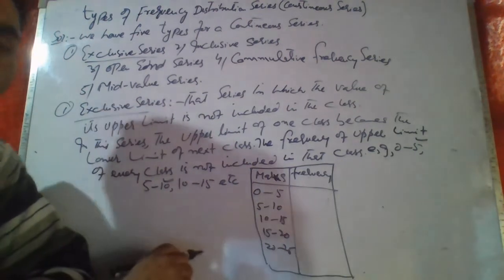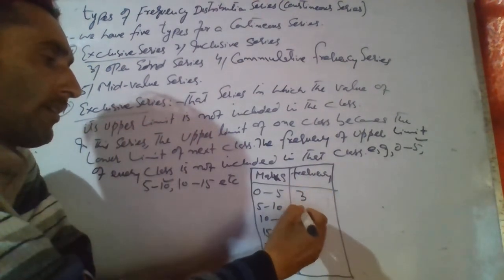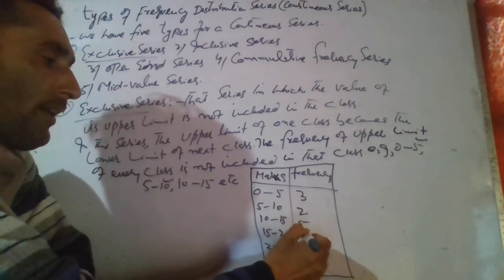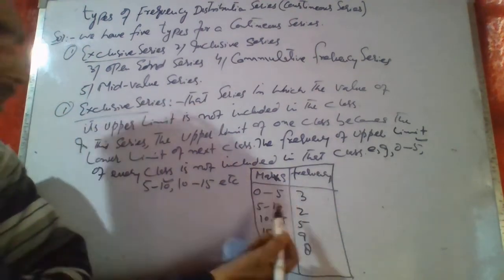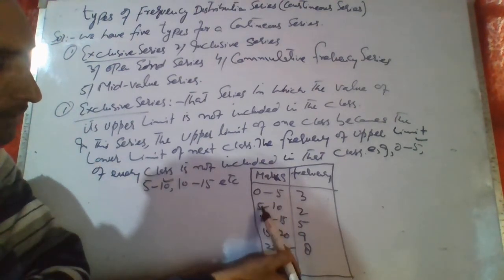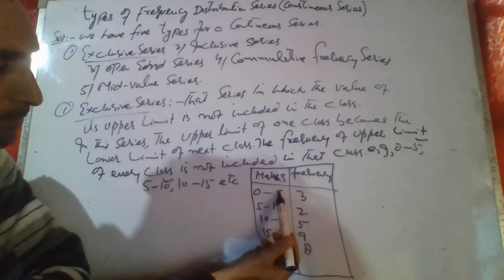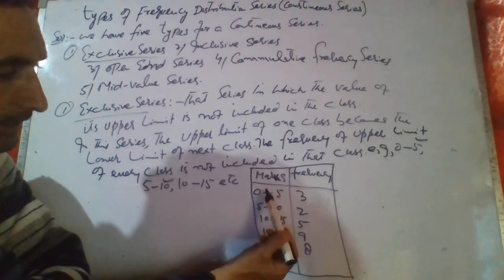This is our series. For example, frequency is 3, 2, 5, 9, 8. Here, the upper limit of one class becomes the lower limit of the next class. The value of upper limit is not included in this class.